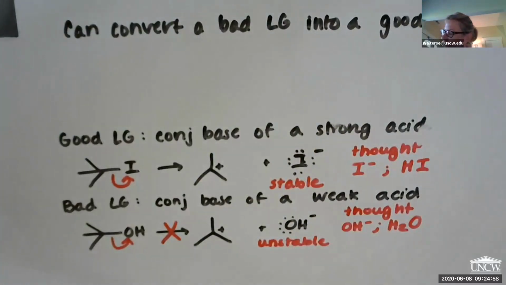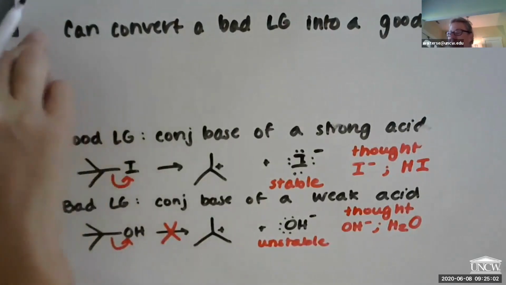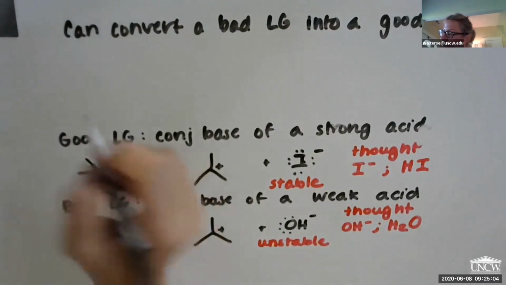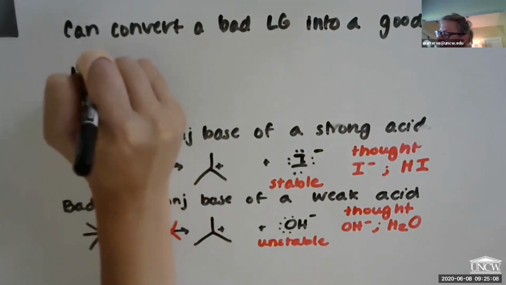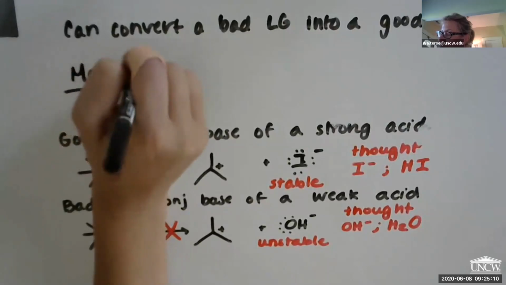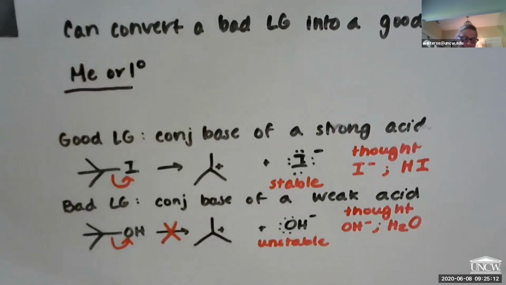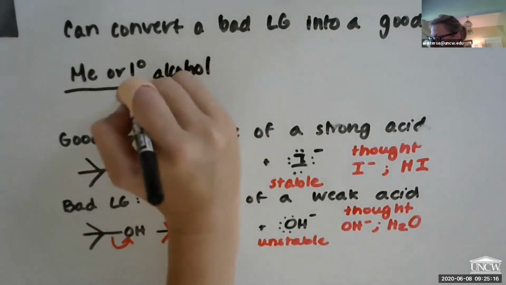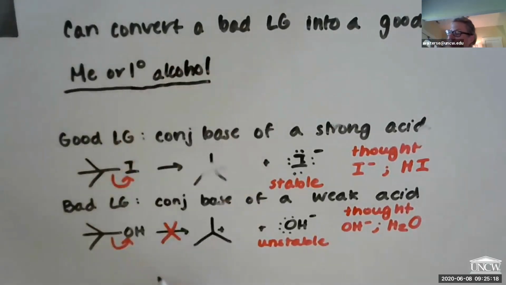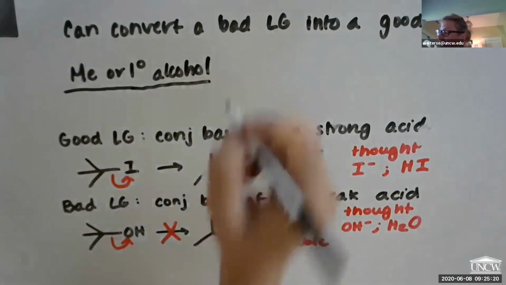Right. And we're going to split how we discuss this into two groups. If your substrate is a methyl or primary alcohol, so these are going to be the types of leaving groups you're going to have to know how to fix.